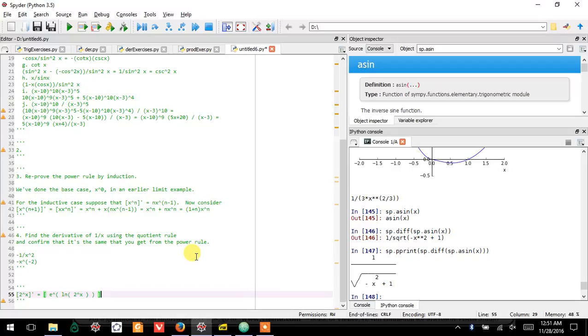Now, I use the property of logarithms that exponents inside of a logarithm can become multiplicative factors outside, so that this is the same thing as e to the 2 ln x, basically. So this is just using the logarithm rule.